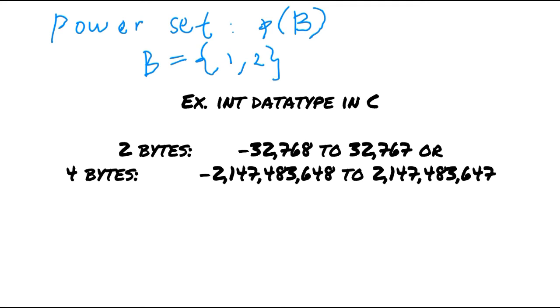Then the power set of B will contain the set containing 1, the set containing 2, the set containing 1 and 2, and finally the set containing no elements, or the null set.